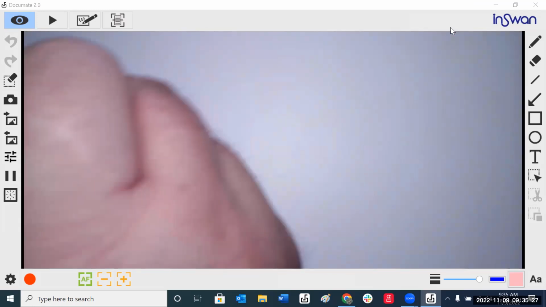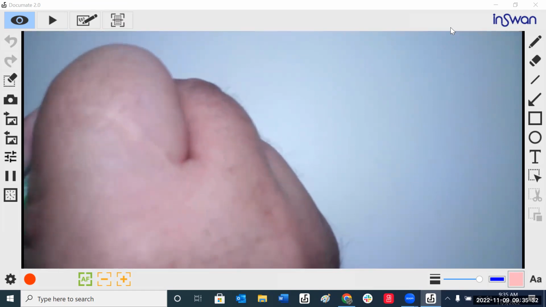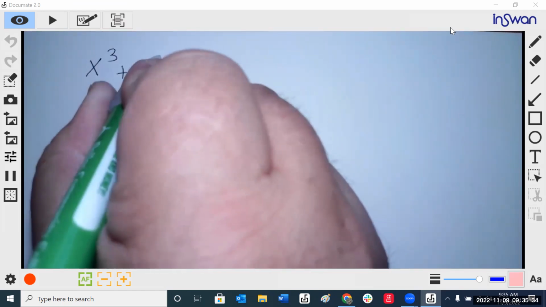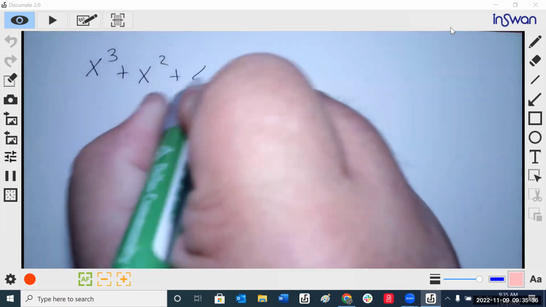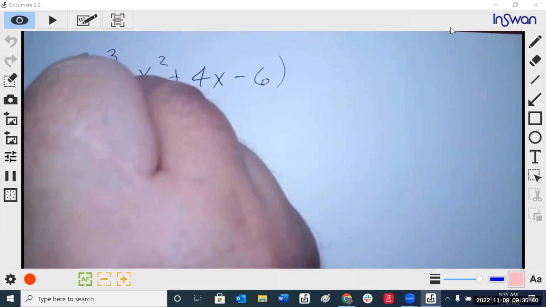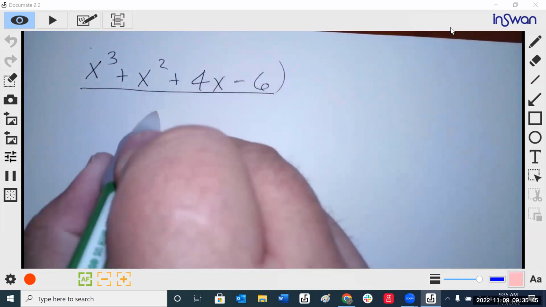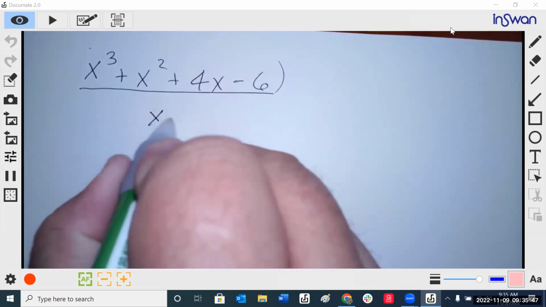All right, let's look at this next one. X cubed plus x squared plus 4x minus 6, over x minus 1.